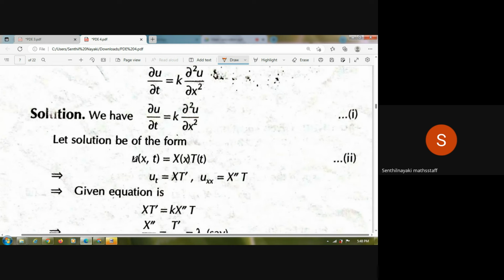So first we assume that u of x comma t equal to X of x into T of t.